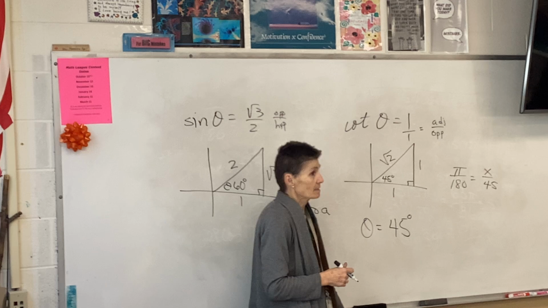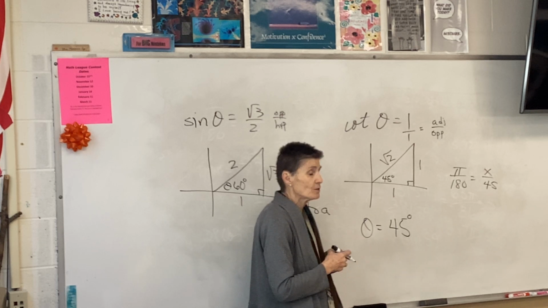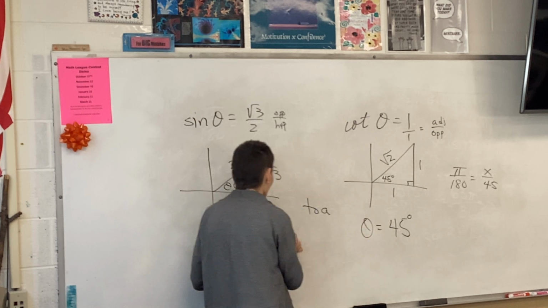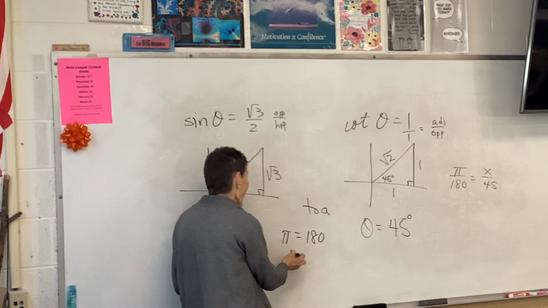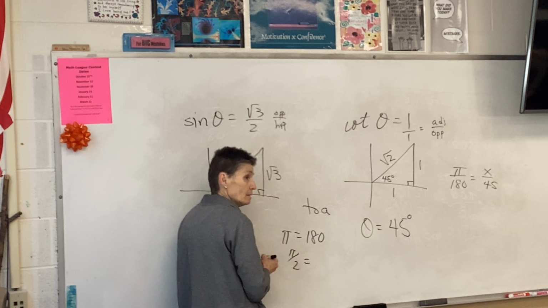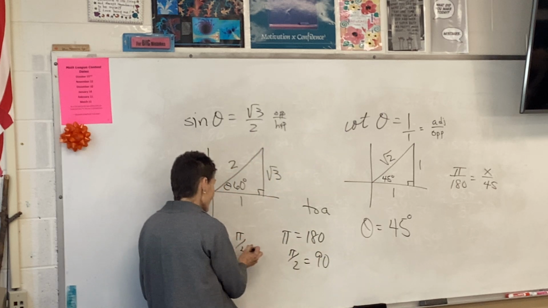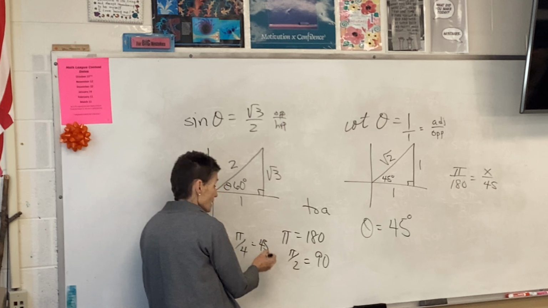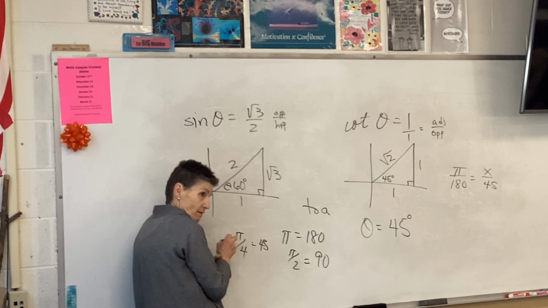Some of us have done our homework, we've studied, we've reviewed, and we know that pi is 180, right? So half a pi would be 90. Half of that would be 45, because 45 is 180 divided by 4.